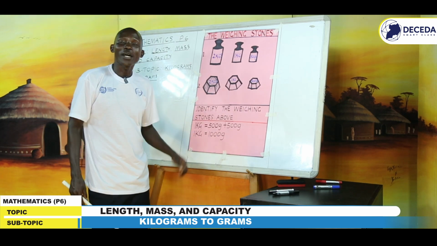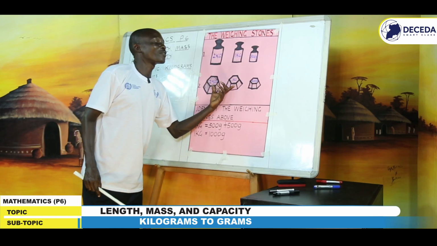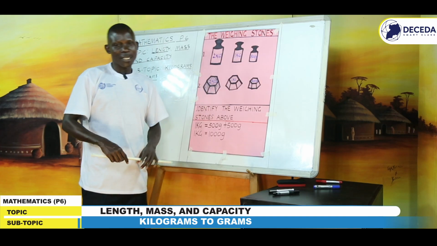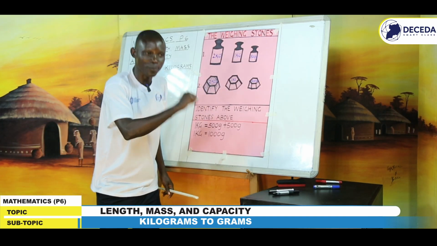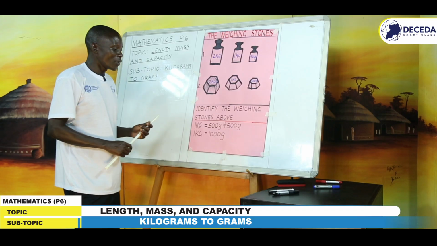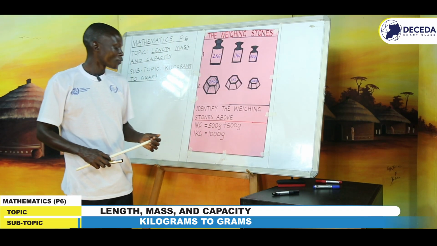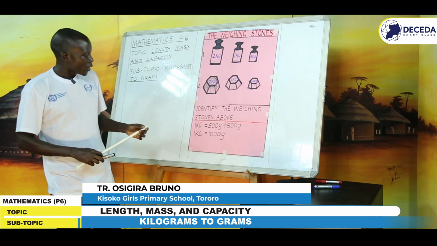You find a shopkeeper does not have these big stones of 1 kilogram and 2 kilograms, and yet you want to buy a kilogram. Now, we look here, down here. Are you there? What have I written here?